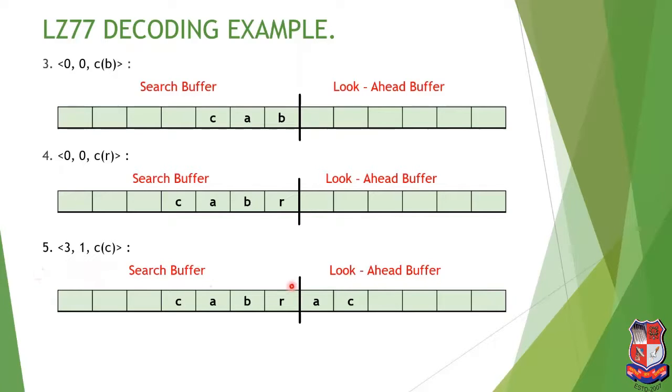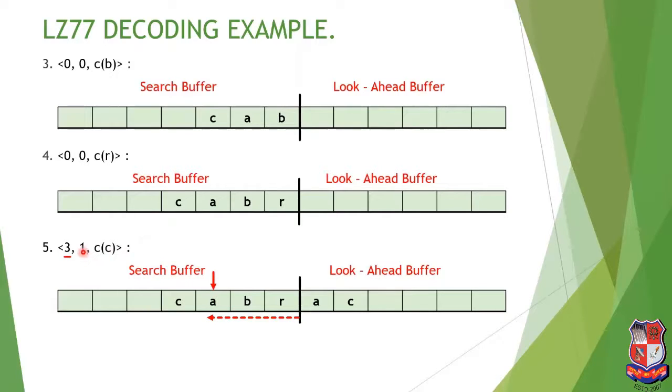Offset is the distance from the look ahead buffer to the search pointer, and here length of match 1 means the number of matches. Our offset is 1, 2 and 3, so the offset is 3. At this point, the search pointer points out the symbol A.